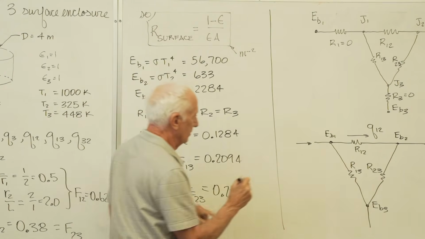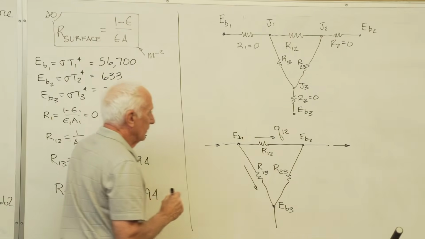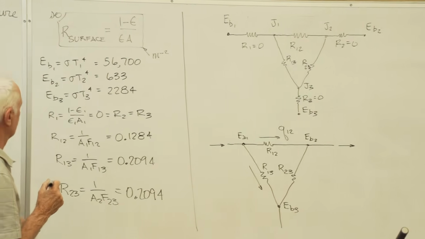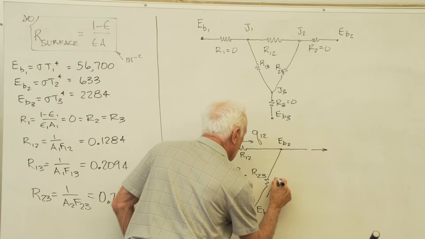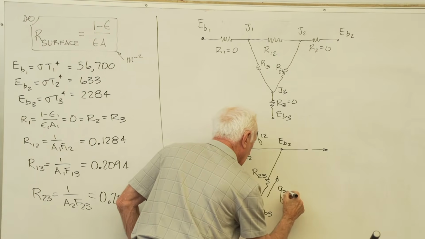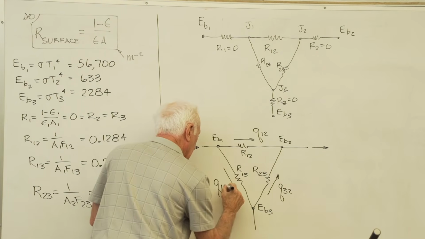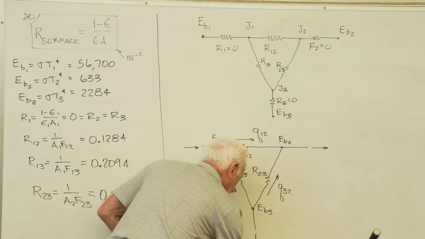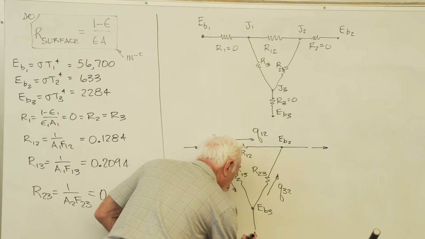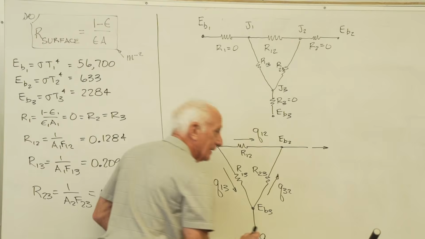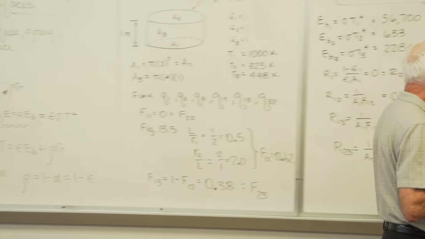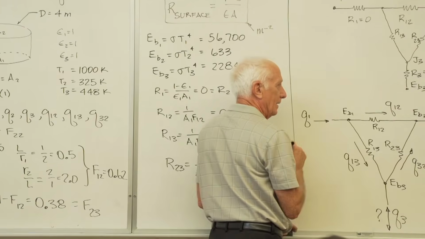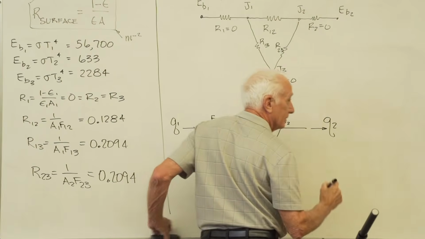Hot to cold. Which way does Q23 go? 3 is hot, 2 is cold. Which way does Q3 go? I don't know right now. I'll find out, but I don't know right now. But I do know which way Q1 goes, and I do know which way Q2 goes.